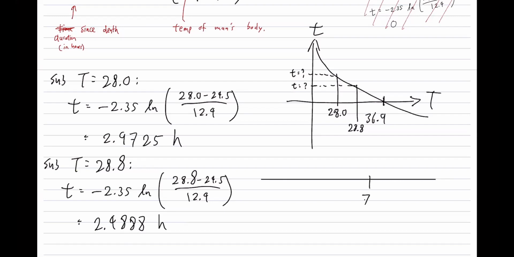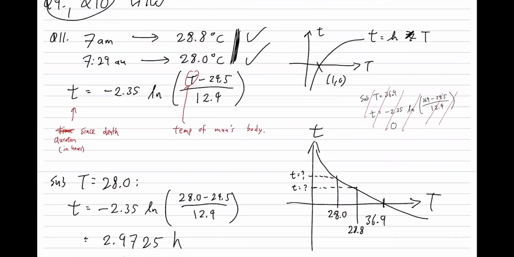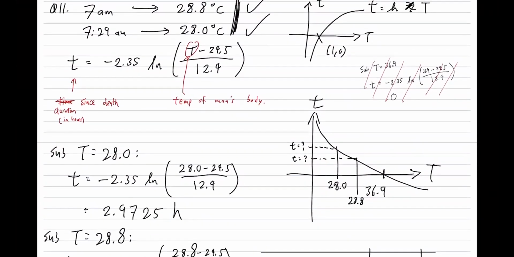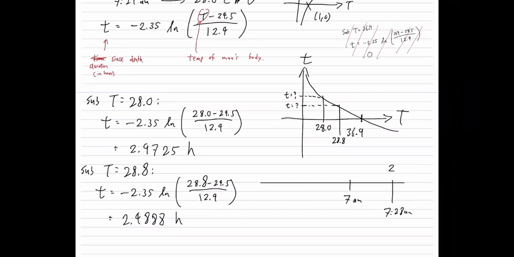Here is 7 a.m. Here is 8 a.m. What are the corresponding temperatures? Let me see again. I can't remember. 28 degrees Celsius is 7:29 a.m. 29, sorry.